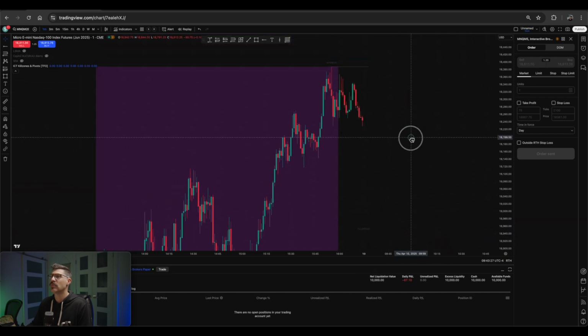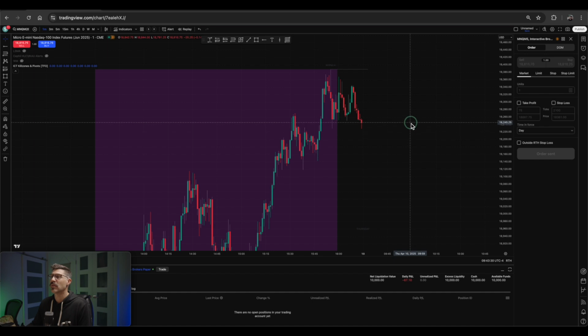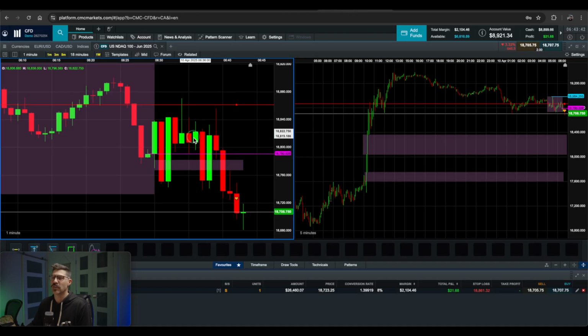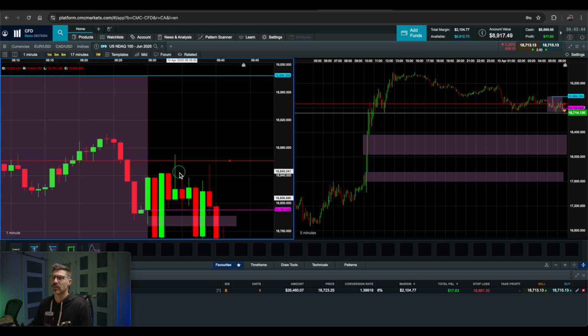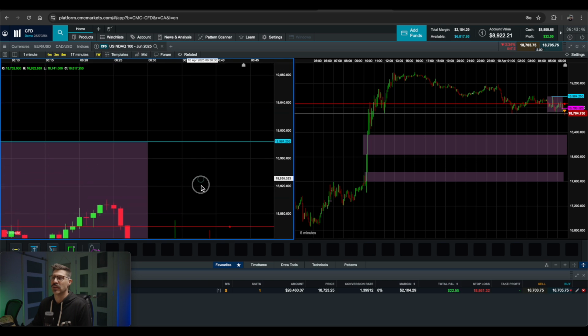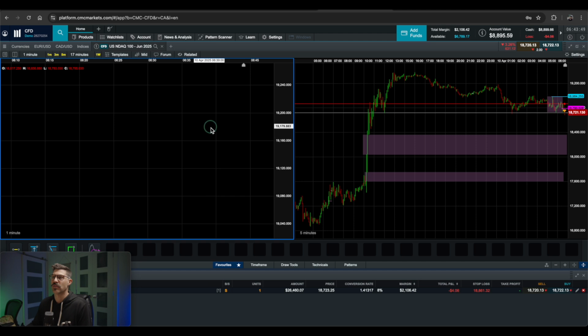Whoa. That's a huge gap up. Yesterday's closing price is 19,244.